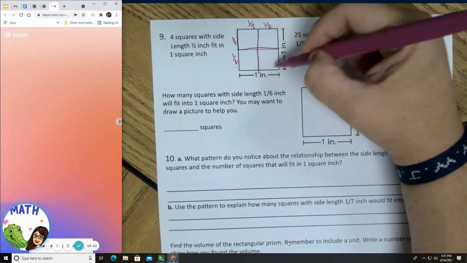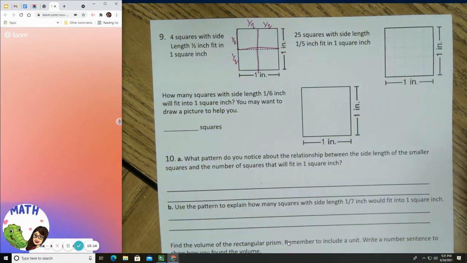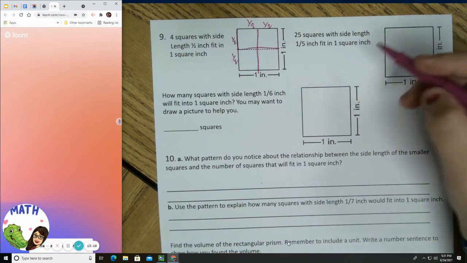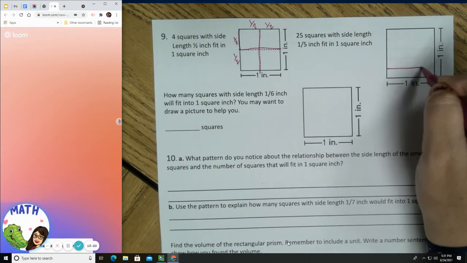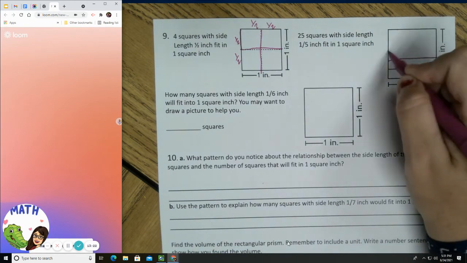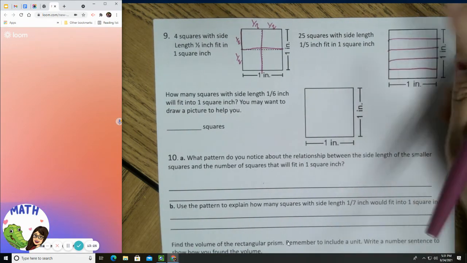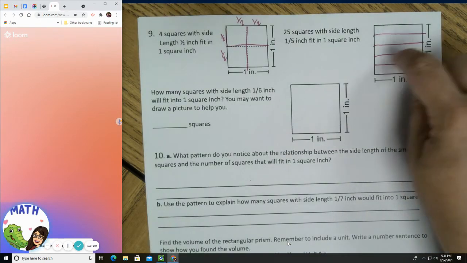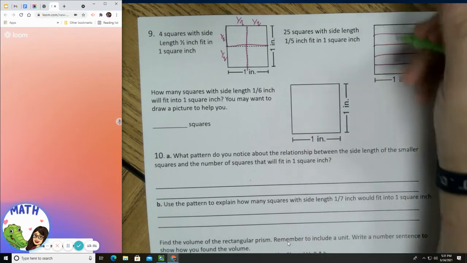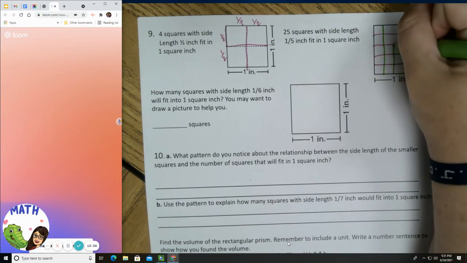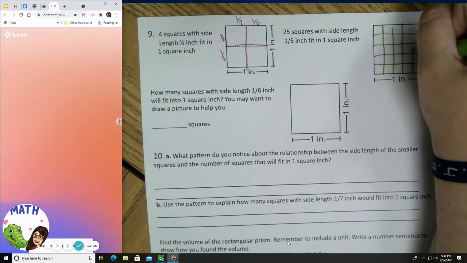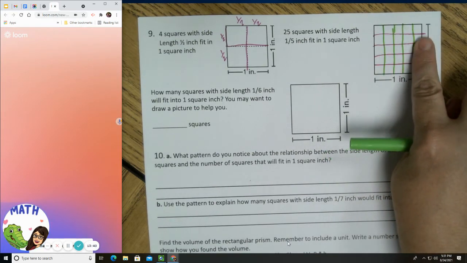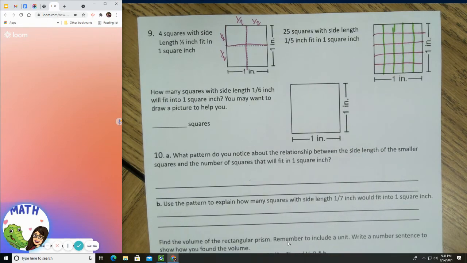So there are 4 that fit in 1 square inch. 25 square inches fit here because I separate them into fifths. There are 5 rows going across, correct? 1, 2, 3, 4, 5. Now I'm going to separate them and give them 5 columns going down. 1, 2, 3, 4, 5. The total number of boxes is 25.